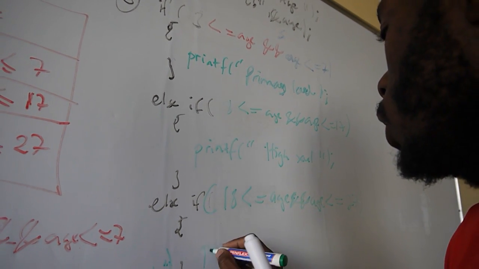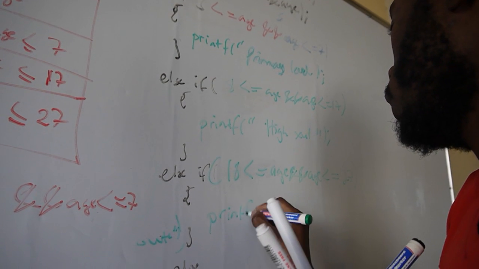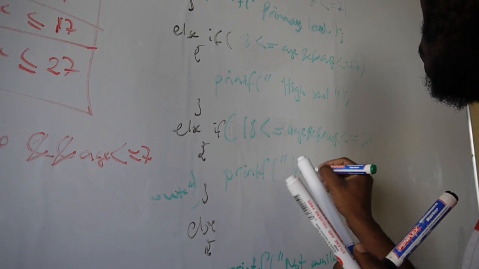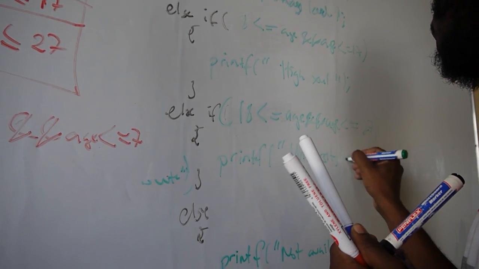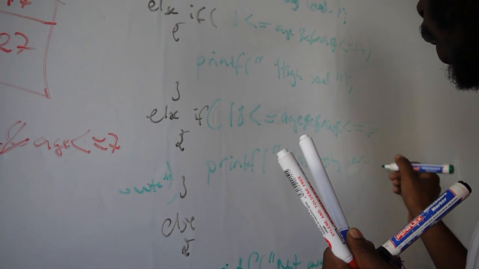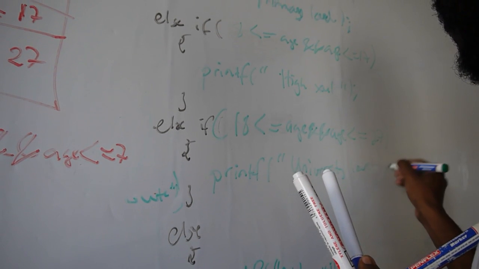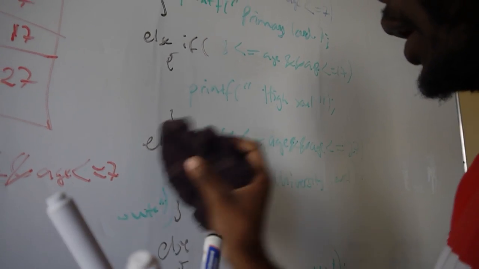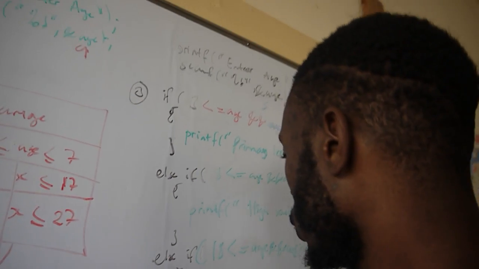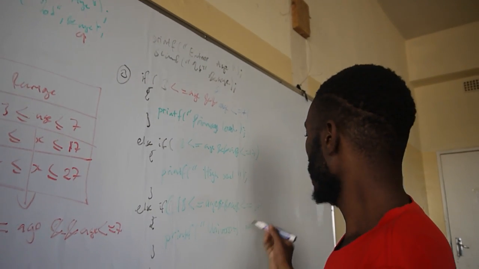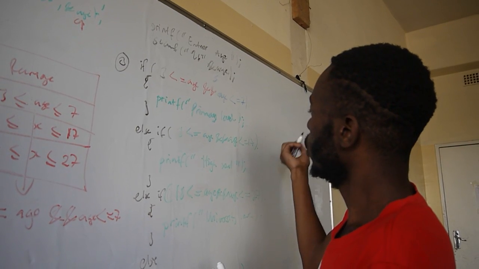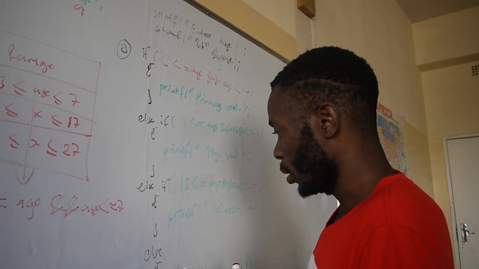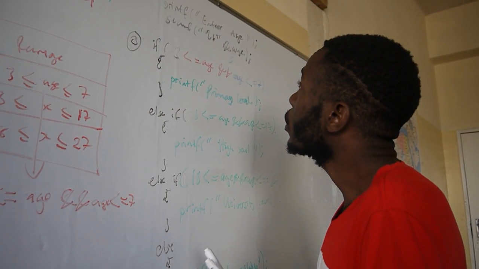Then it's going to execute university level. Don't forget to terminate each and every line in C, and don't make a mistake: don't terminate these lines, don't terminate here, don't terminate here, and don't terminate this line.